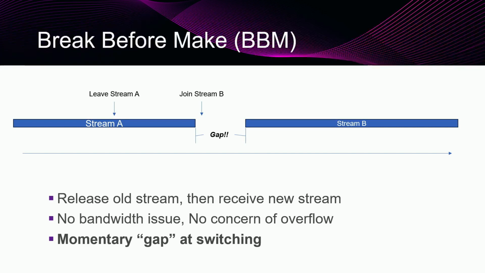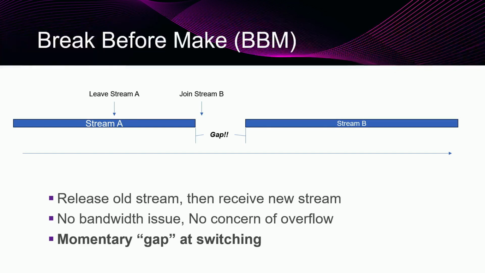Okay? Break before make means, let's say we are receiving stream A here, and the operator presses the button to switch to stream B. Then that message comes to the endpoint equipment, and the endpoint equipment sends a leave stream A message to the switch, and the switch will stop sending stream A to this port.